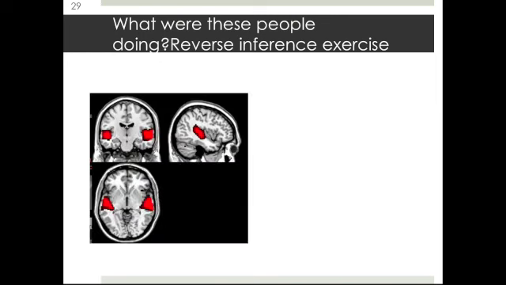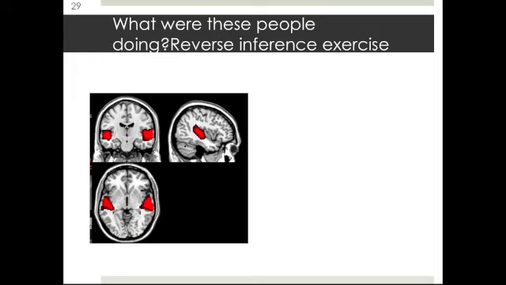This is a template brain, with some very clear activity in the superior temporal gyrus. Now, if you're a little bit familiar with neuroanatomy by now, you might know that this is where your auditory areas are, right?